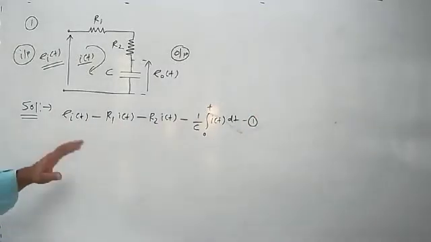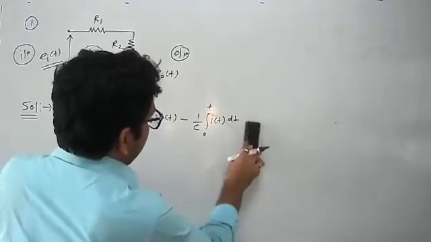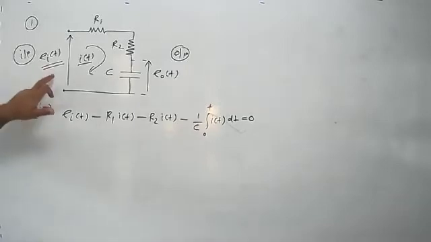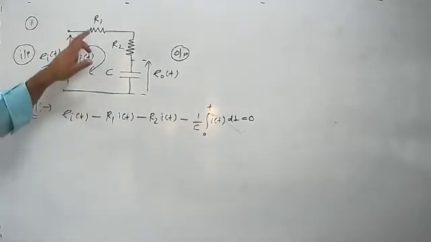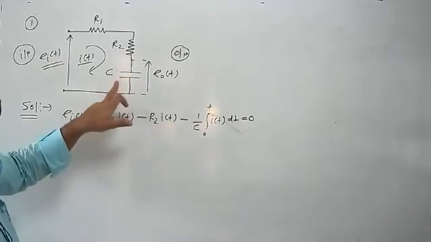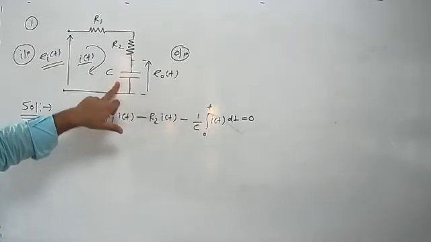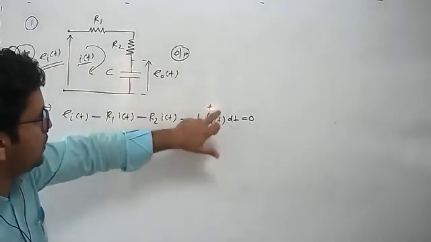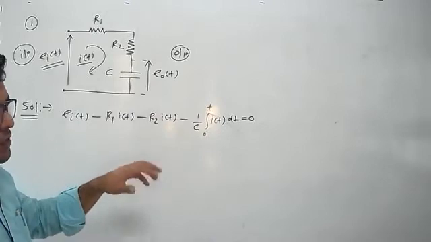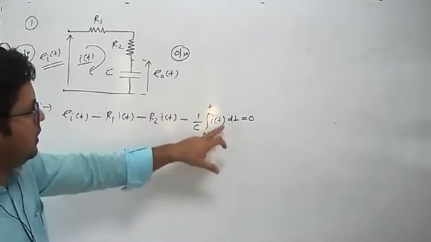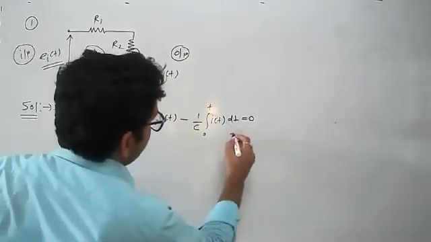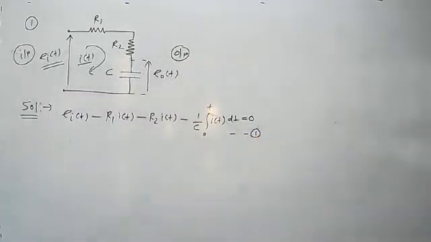So here I have applied the simple application of Kirchhoff's voltage law, which is input Ei of t minus R1 into I of t minus R2 into I of t. Then the voltage across the capacitor is nothing but 1 upon C integral 0 to t I of t dt, because I is nothing but C dV by dt. So V is nothing but 1 upon C integral I of t dt. Now this is your first equation.